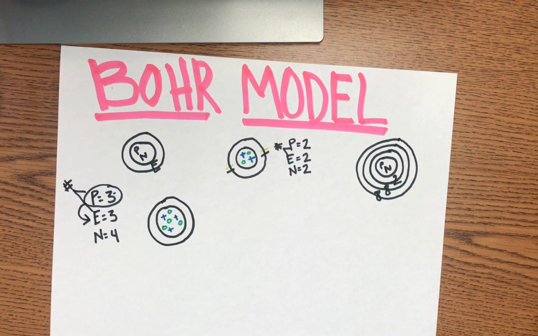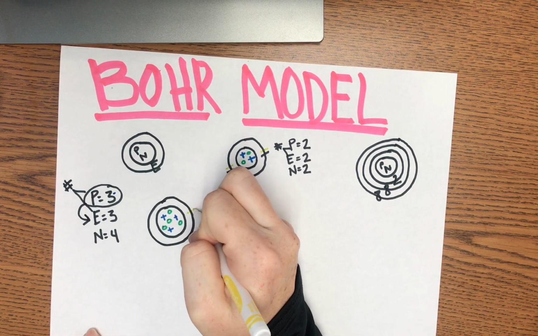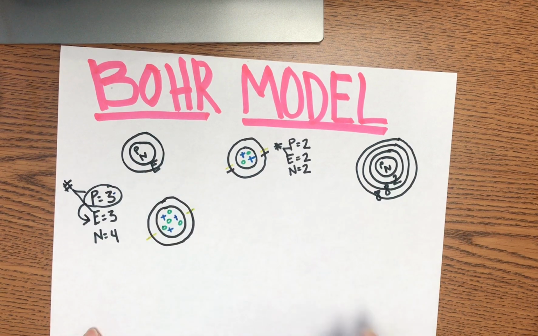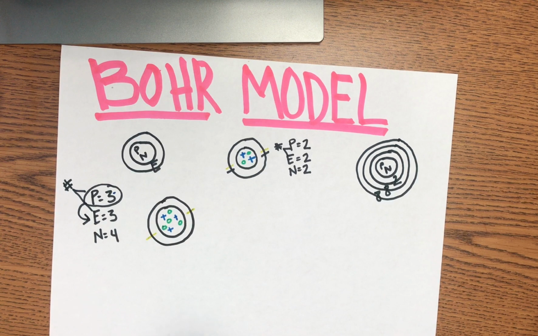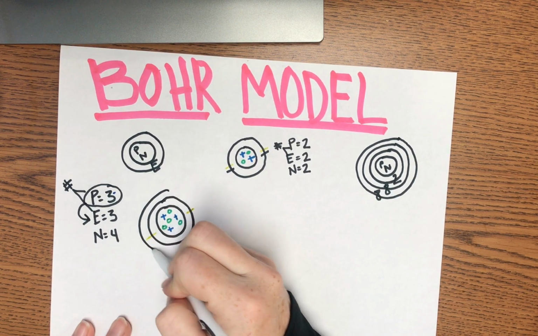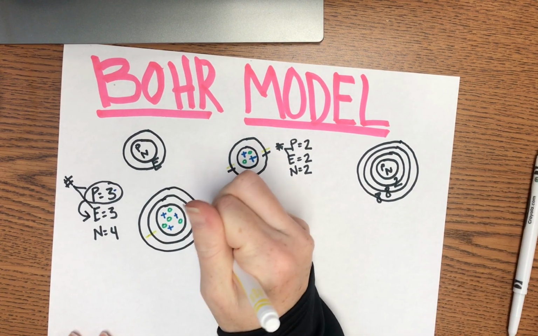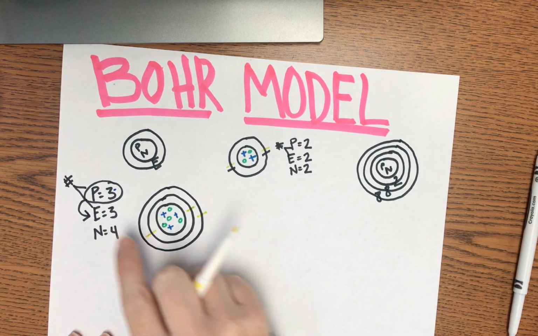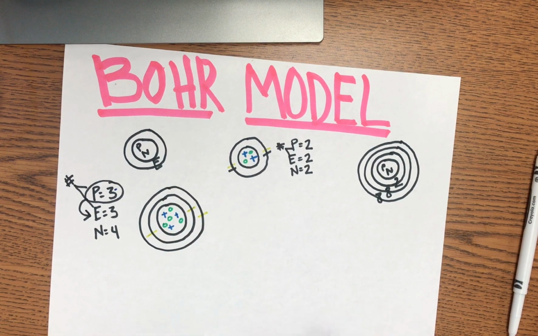How many electrons can go in that first ring? 2. So we can add 1, 2. But this atom has 3 electrons, so we need to add that second shell. And we would add 1 electron in here because we needed 3 total. 1, 2, 3. And this is a completed Bohr model.